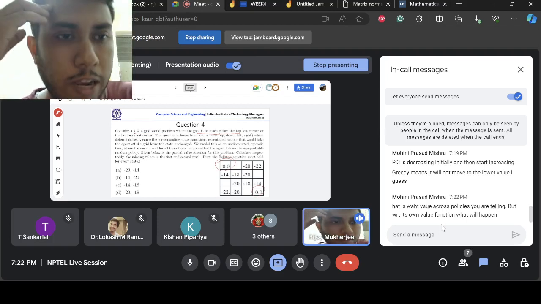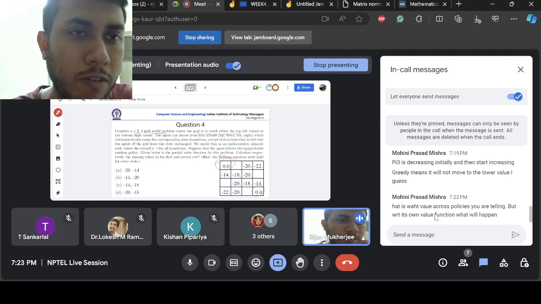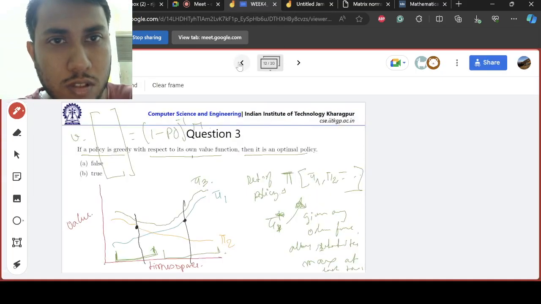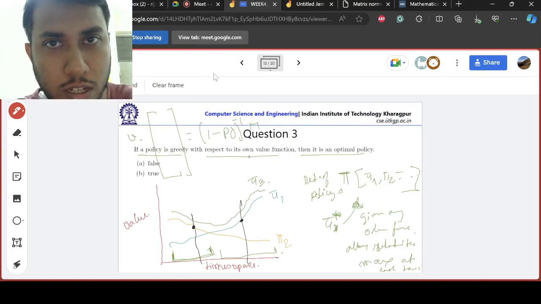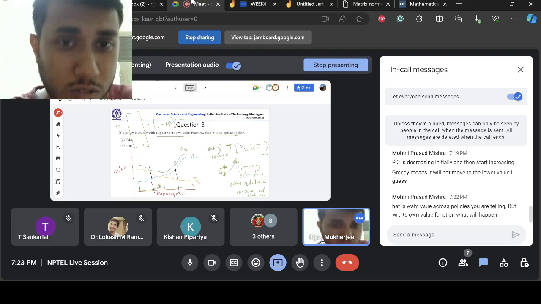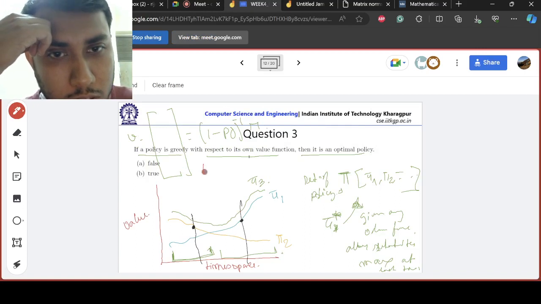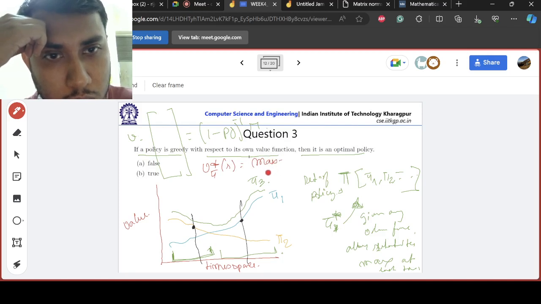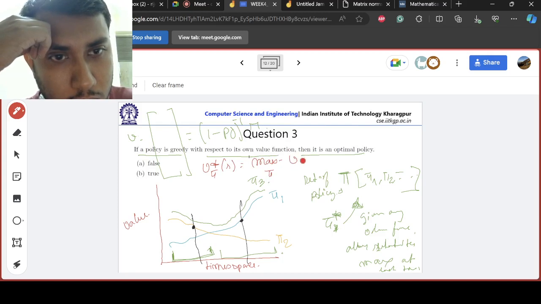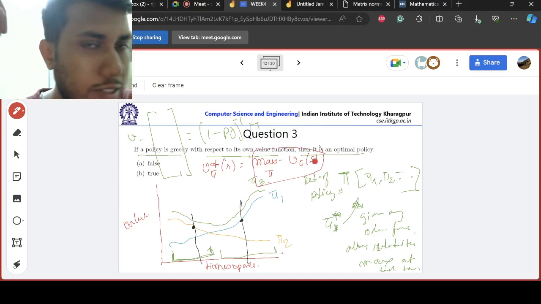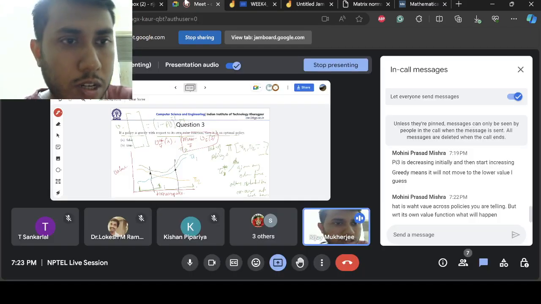Its own value function is basically the maximum of everything, right? So its value function is selecting this. So this is its value function. At each case, it is selecting the maximum of its subordinates, right?